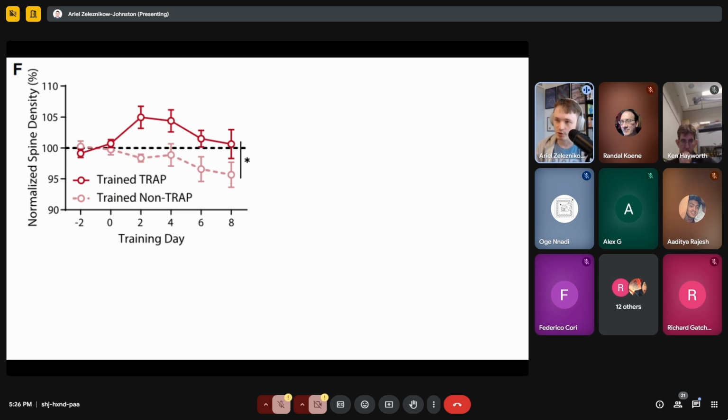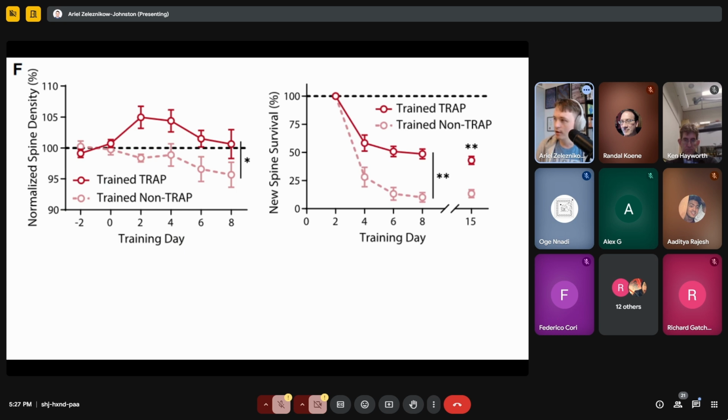So there's an initial increase and then reduction in the number of spines, but the spines that are selectively spared are those that are involved in learning this motor task. And in another way of visualizing it, if they're looking specifically at spines that are newly formed and then whether they survive over the course of the imaging window, you can see there's very much selective sparing of the new spines that are trapped and thus that have been involved in this procedural task.